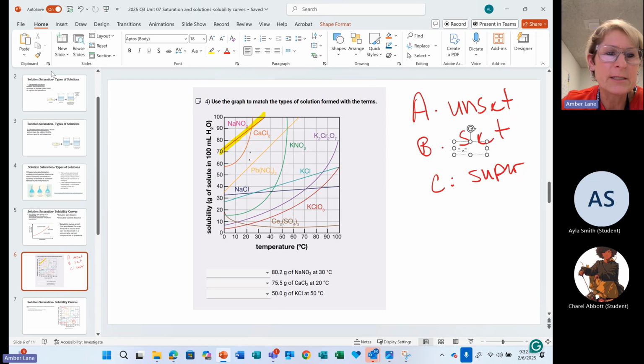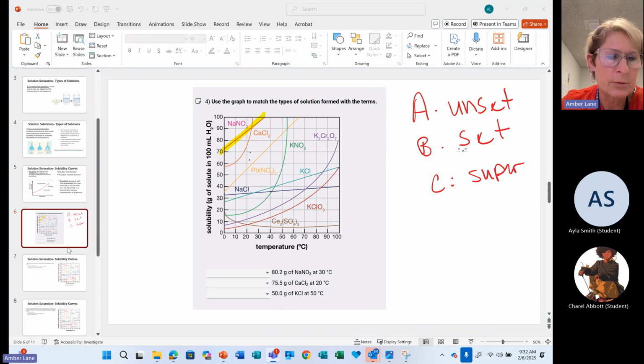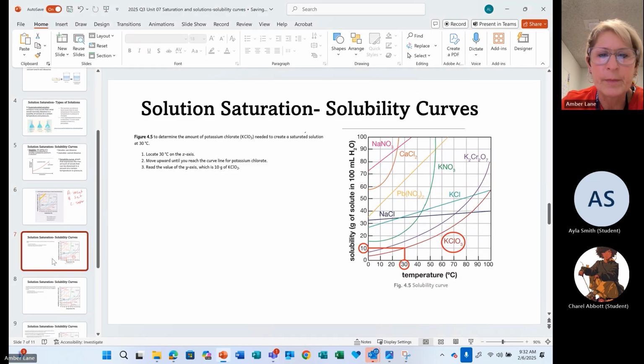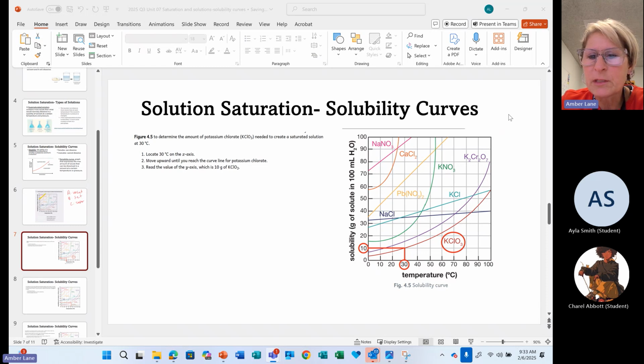So there's that. Let me show you a few more examples that you're going to run into as you're looking at solubility curves. Okay. So this is probably going to be the easiest kind of problem right here. It says, to determine the amount of potassium chlorate needed to create a saturated solution.